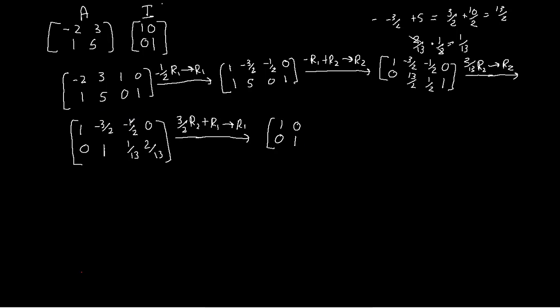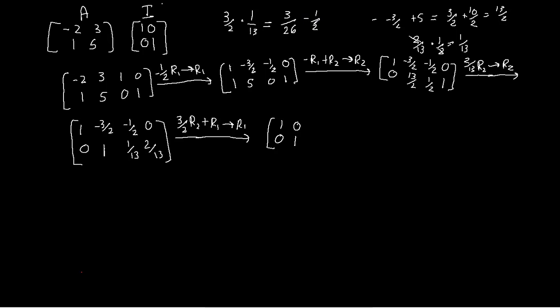Then we have this negative 1/2 and 1/13. So let's go ahead and do the math again. I'm going to go up here to do it. If we have 3 over 2 times 1 over 13, that's this first part here. You multiply the top, that's going to be 3. Multiply the bottom, that's going to be 26. And then we're adding to it the negative 1/2, so that's going to be minus 1/2.